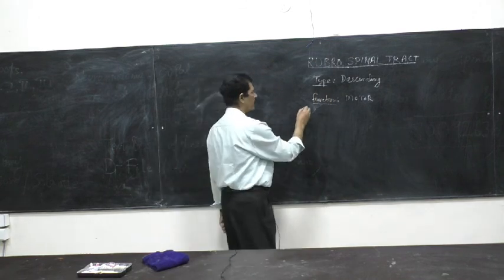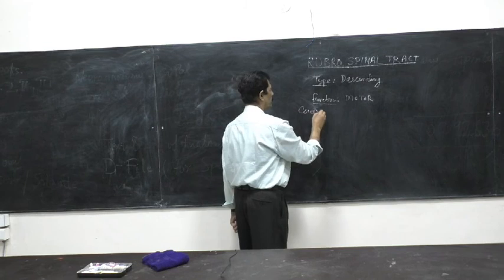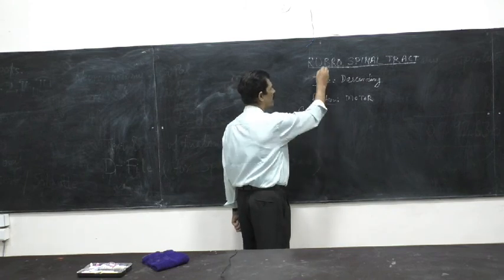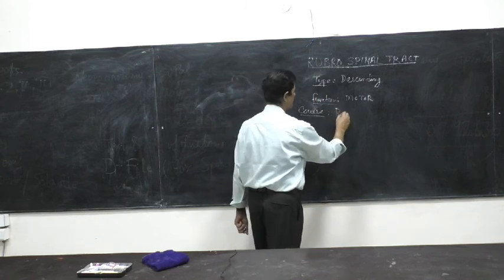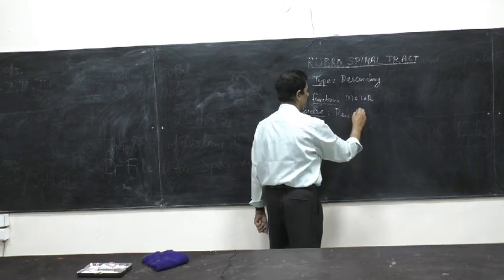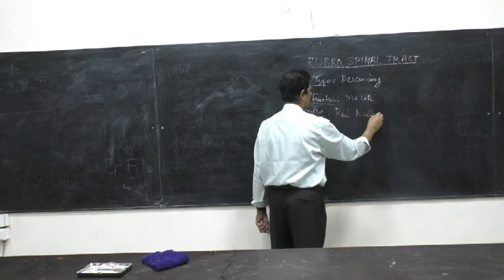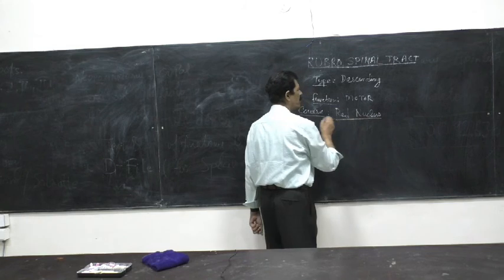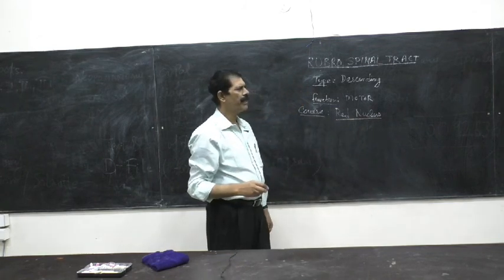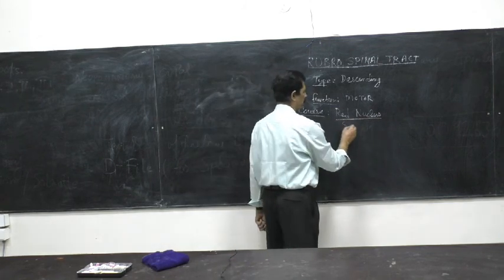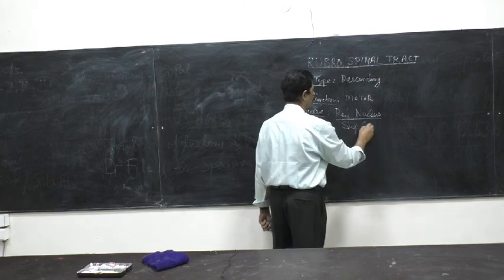And regarding its course, it starts from the rubro, meaning red nucleus. So the red nucleus lies at the level of the midbrain, at the level of the superior colliculus.